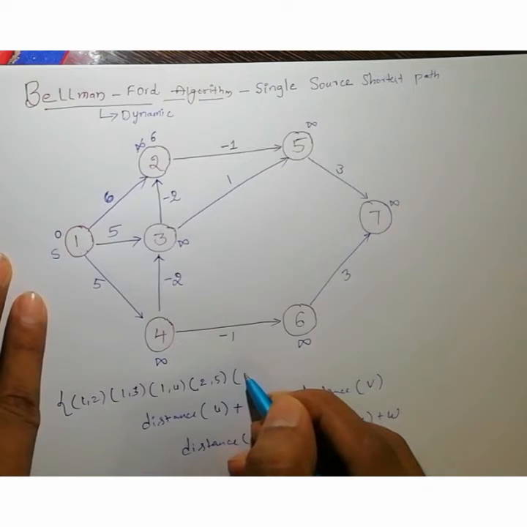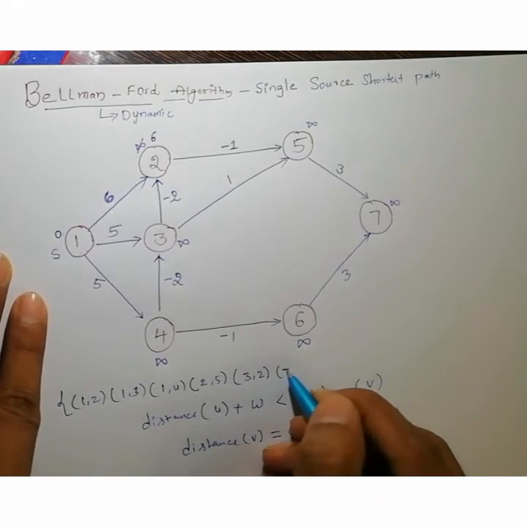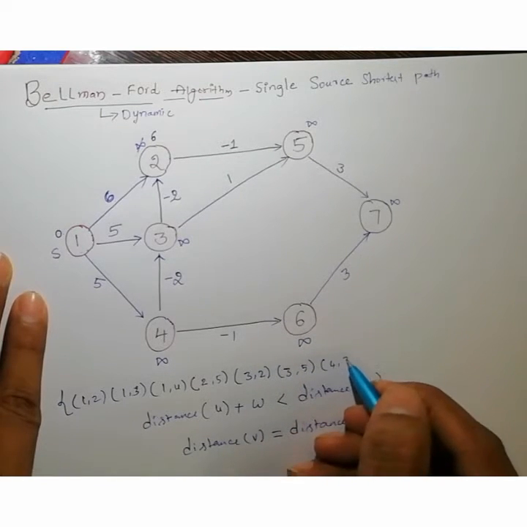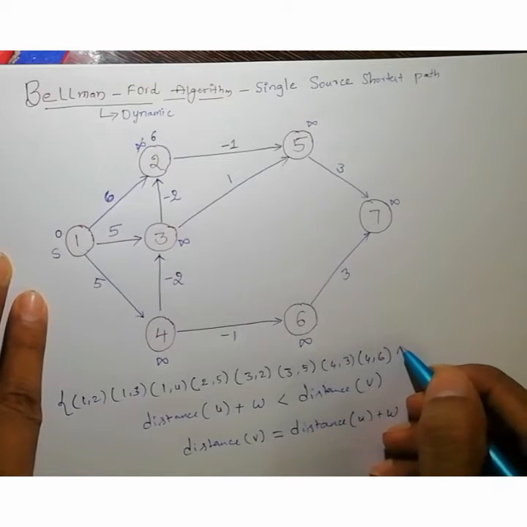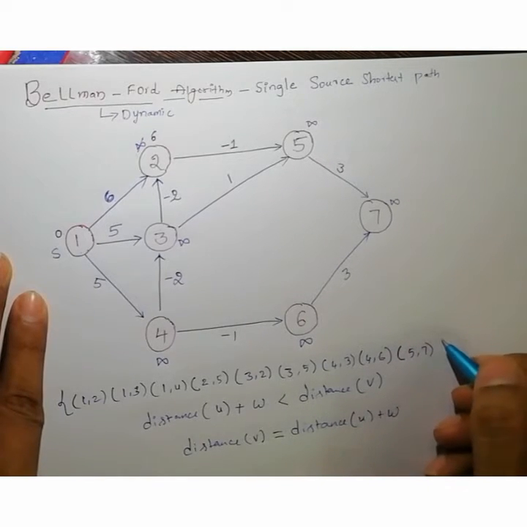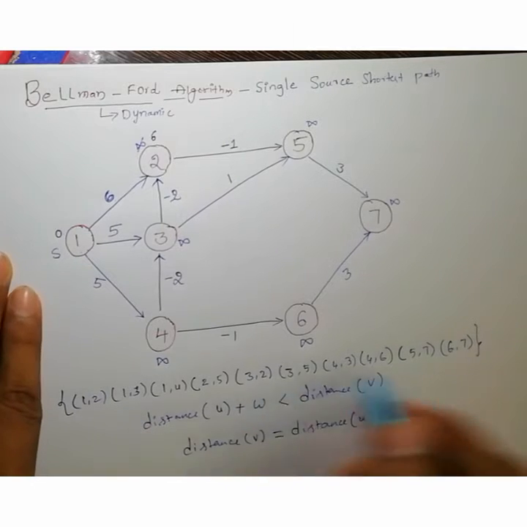Next 3 to 2, 3 to 5. Next 4 to 3, 4 to 6. Next 5 to 7, next 6 to 7. So these are the edges.